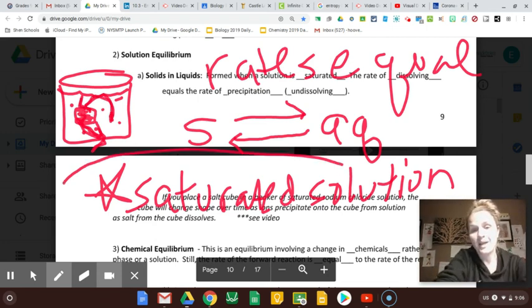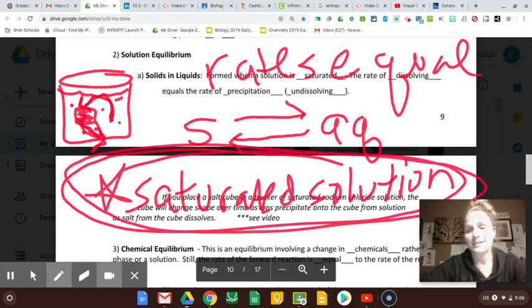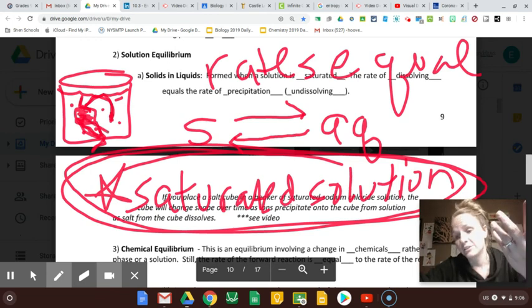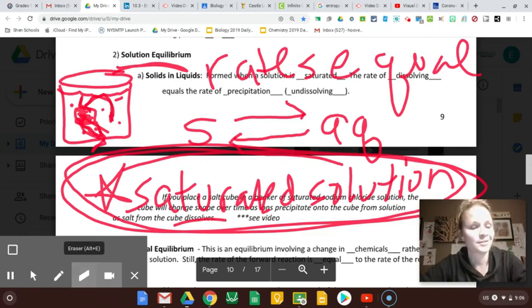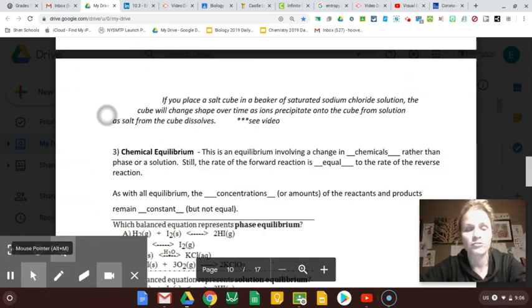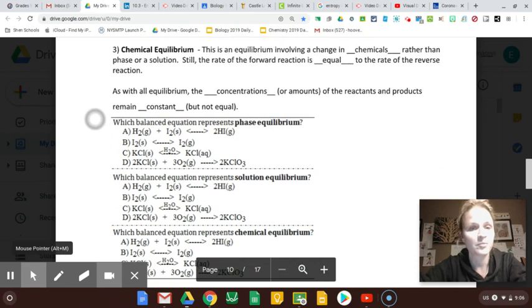And that's only going to happen when you're already at max capacity. If you weren't already saturated, then it would just all dissolve. So solution equilibrium can only happen in a saturated solution. It's a factoid that people usually forget, but maybe the nightclub will help.